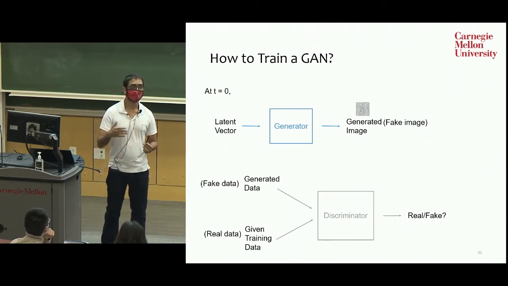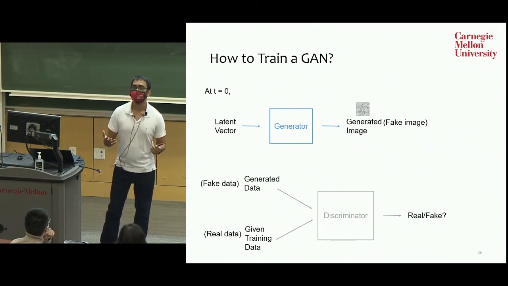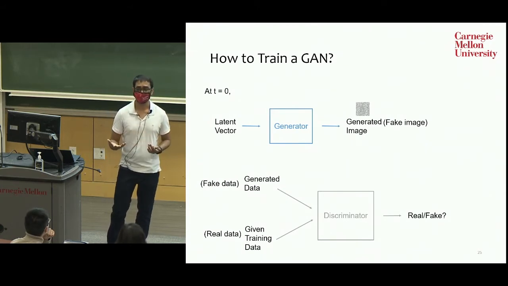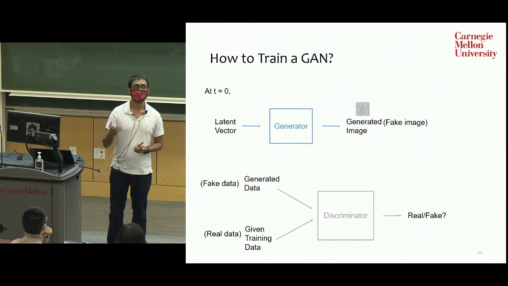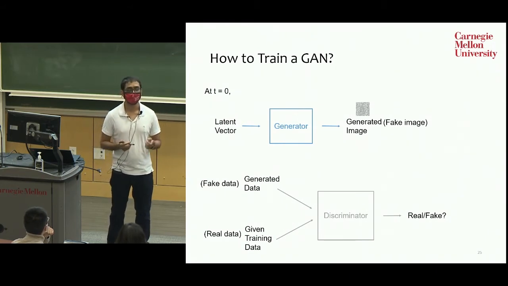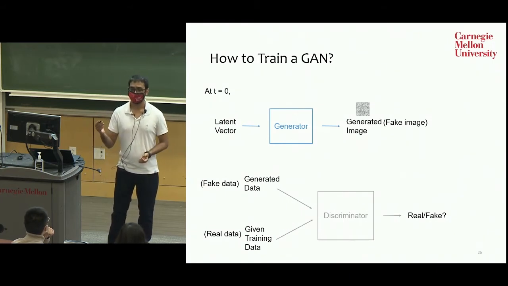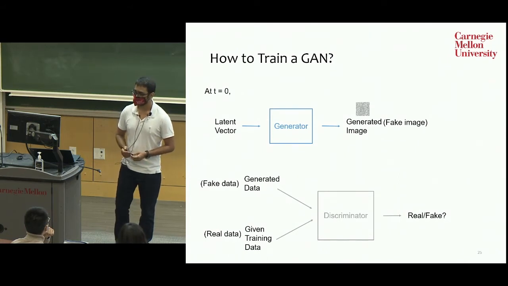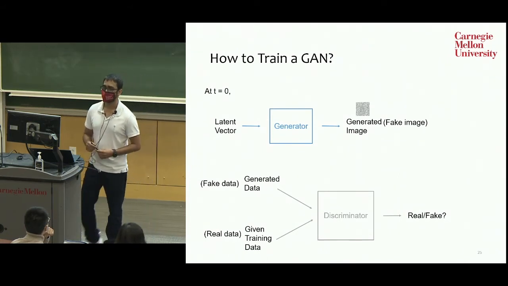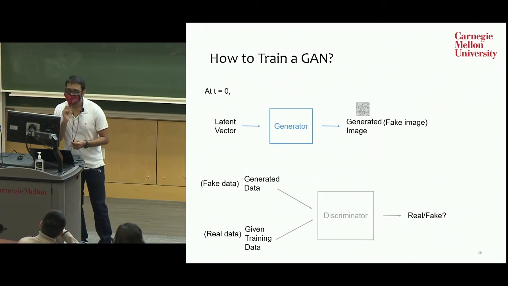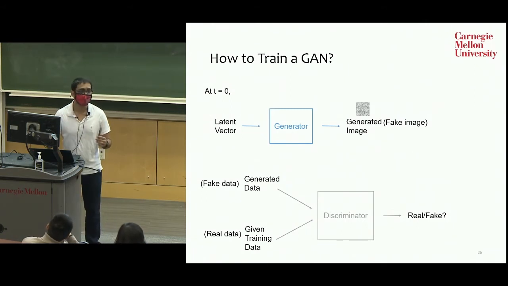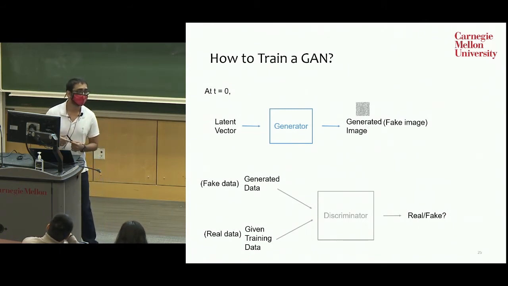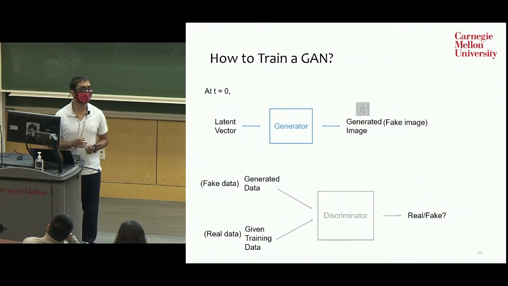So now the generator has to improve so as to fool the discriminator, so that it can't distinguish between a generated image and a real image. This is like a zero-sum game. Both are trying to beat each other, and that's how they learn.